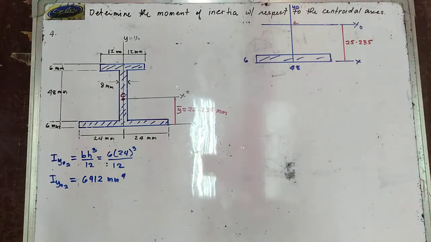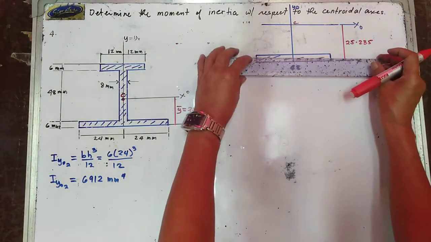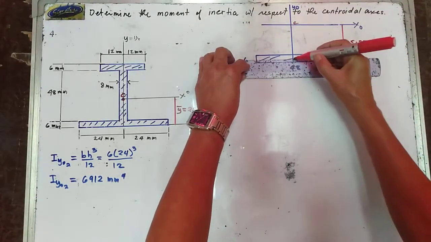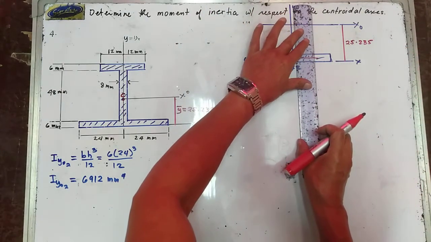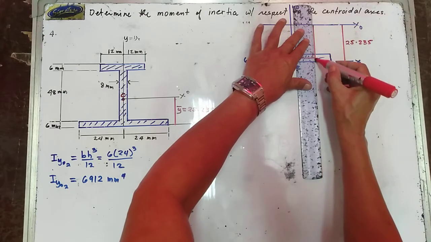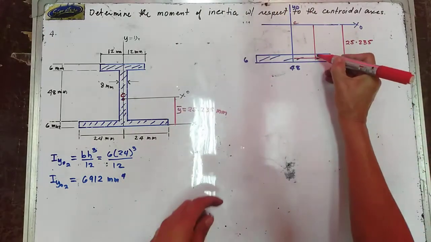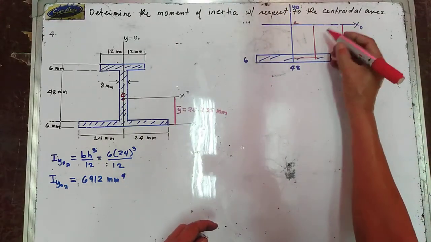So we have 25.235 millimeter. So from the centroid of this area to the centroid of the composite figure, this is now your dy3.